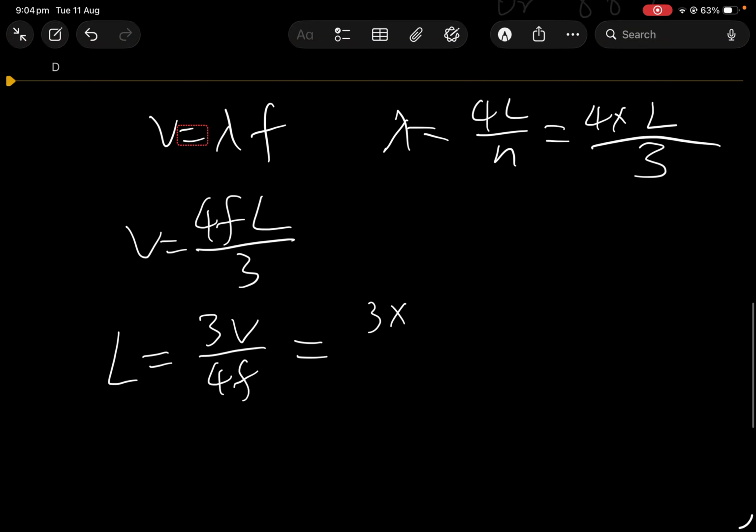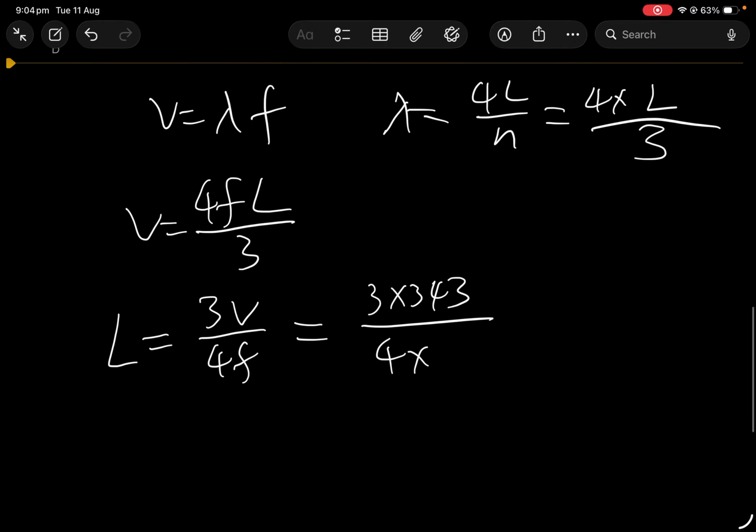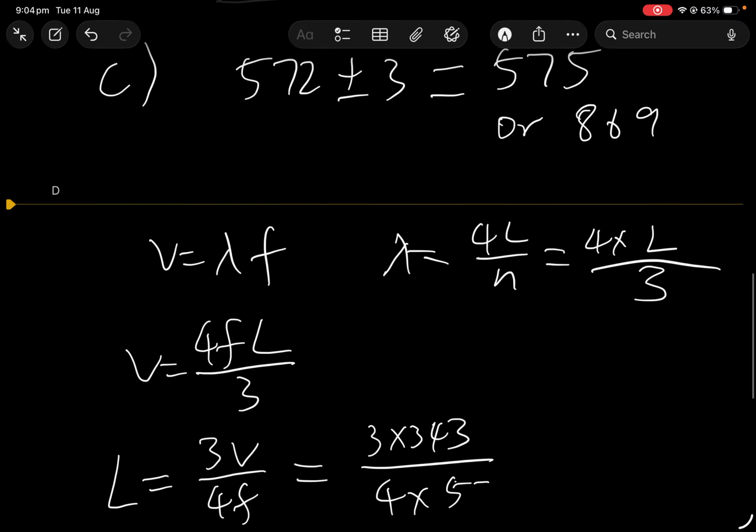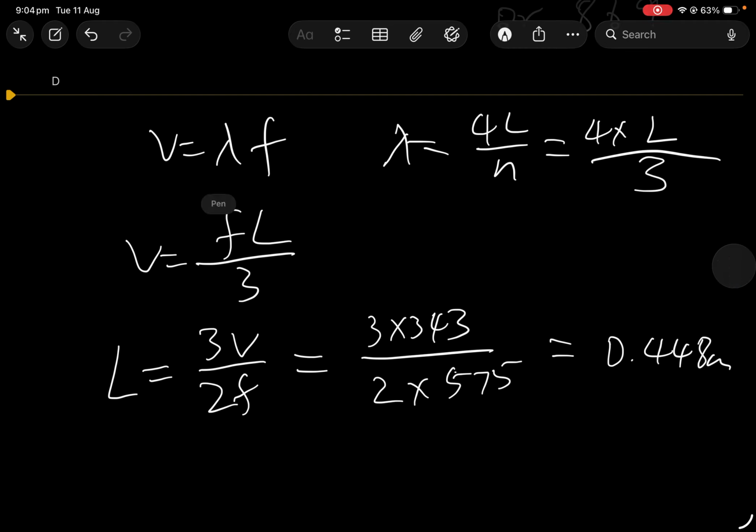Let's do that first with 575, which gives 3 times 343 divided by 4 divided by 575, which is 0.448 meters. Is that an open pipe? Oh, it's an open pipe, so it's not 4, it's 2.